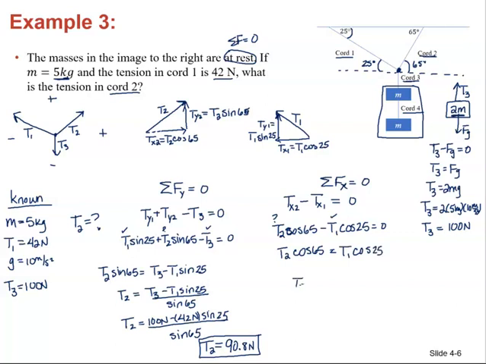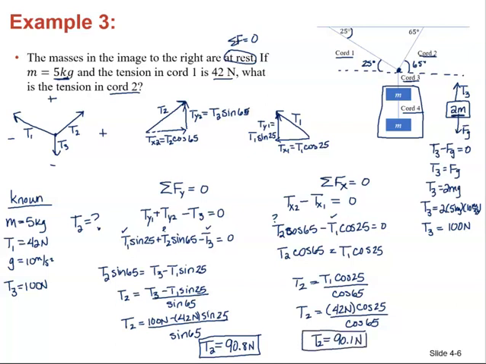We can do T2 is equal to T1 cosine 25, and now divide both sides by a cosine of 65. Put in numbers. And T2 in this one is going to come out to 90.1 newtons.